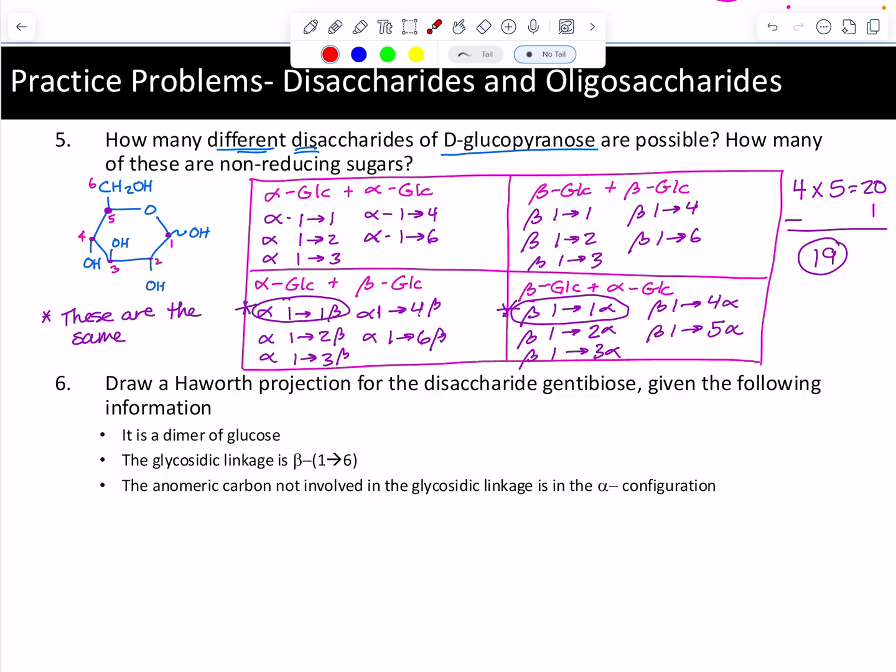There's no way of distinguishing them. So we have 4 possible combinations of monomers, and each has 5 possible ways of connecting them. That makes 20, but we have one duplicate, so we subtract that out. So we have 19 possible disaccharides.